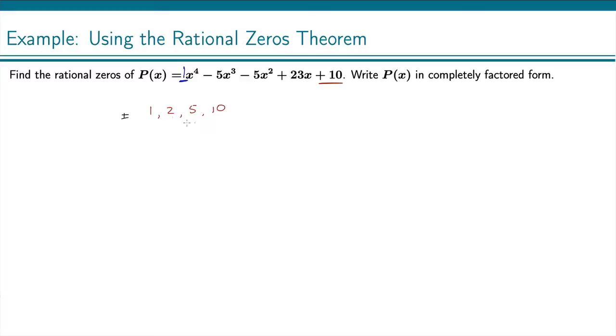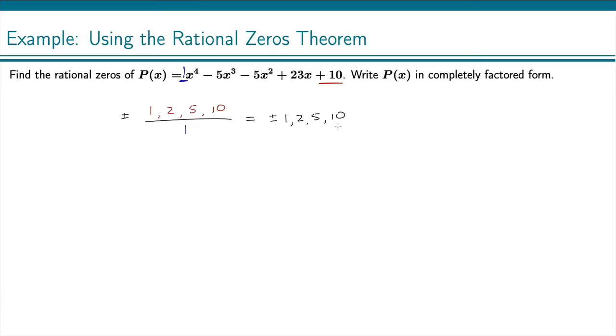And we divide by the integer factors of 1, which are just 1 and plus or minus. So each of these numbers divided by 1 just gives us the list plus or minus 1, 2, 5, and 10.